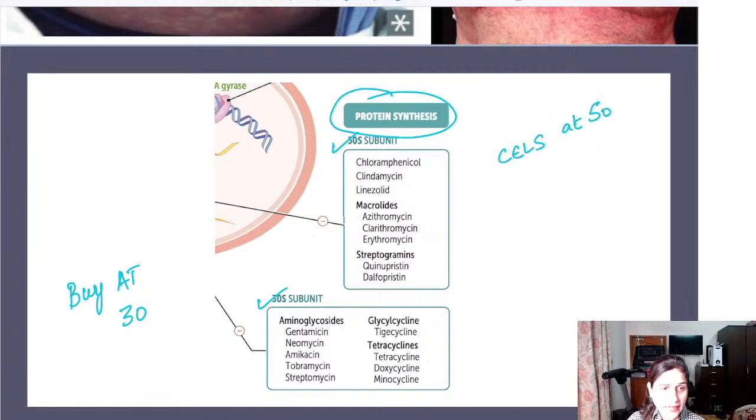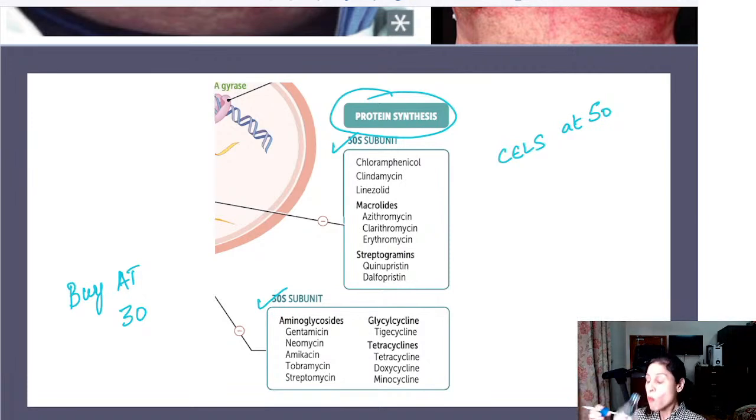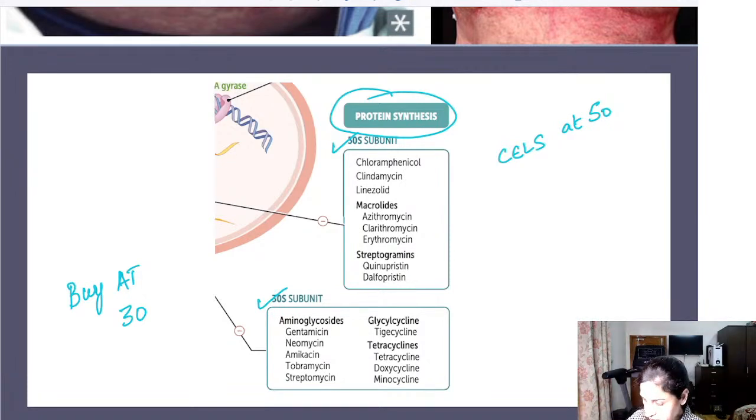If you, rather than SELLS, you remember this one. Sorry, I have a sore throat. So by at 30 and or cells at 50.